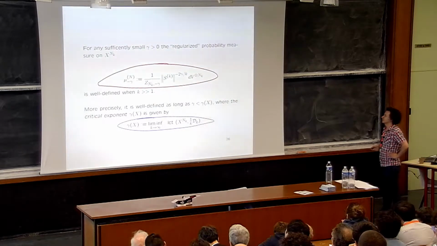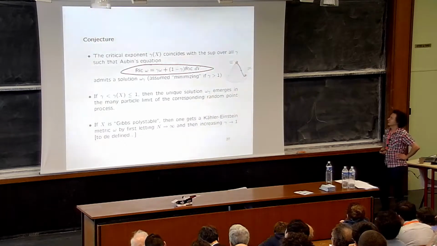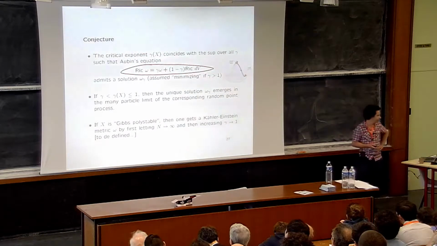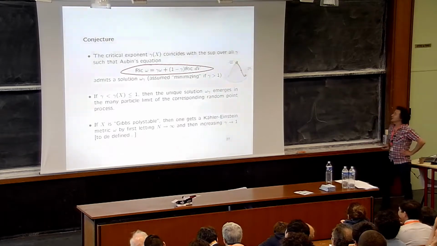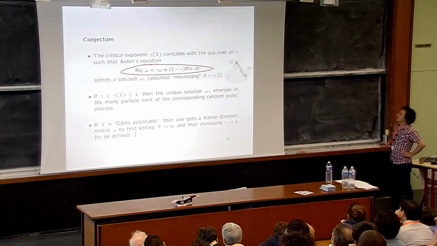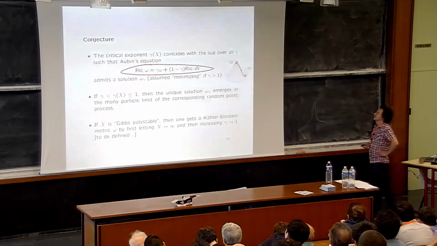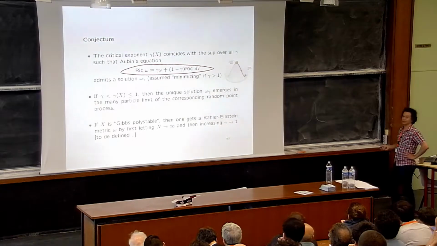So let's call gamma the critical exponent. And here's the conjecture in this situation. The conjecture is that the critical exponent gamma coincides with the sup over all gamma such that Aubin's equation admits a solution. So this is a bit more complicated. I mean, actually, gamma could be bigger than 1.